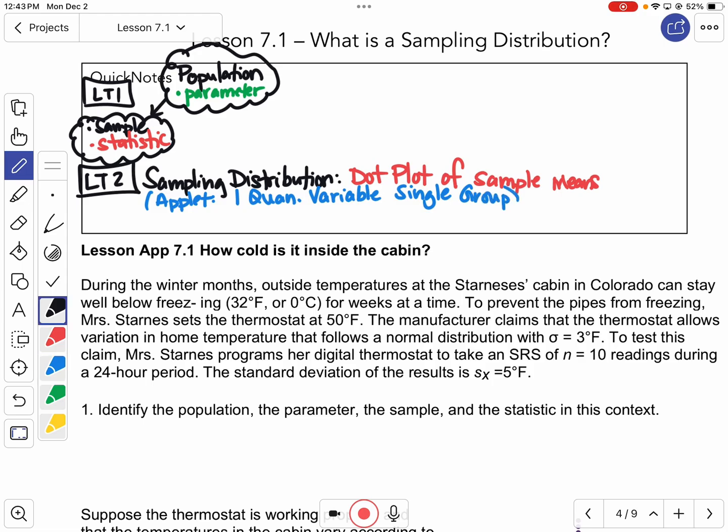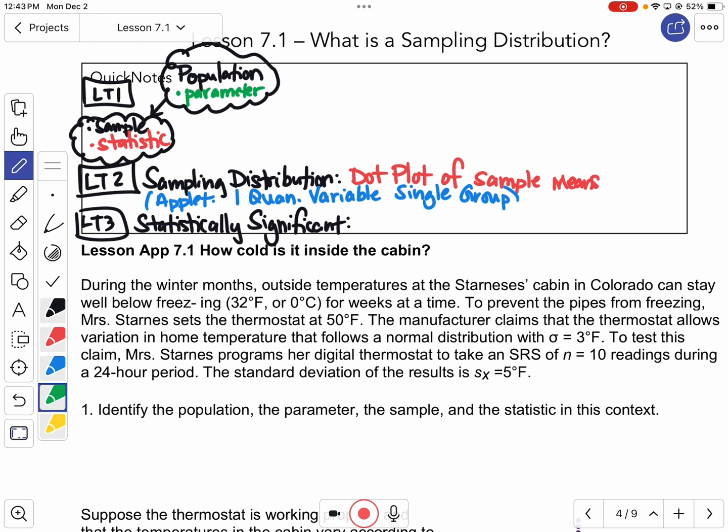And then learning target 3. It's going to ask us about something being statistically significant. And to do that, we're going to look at a percentage.